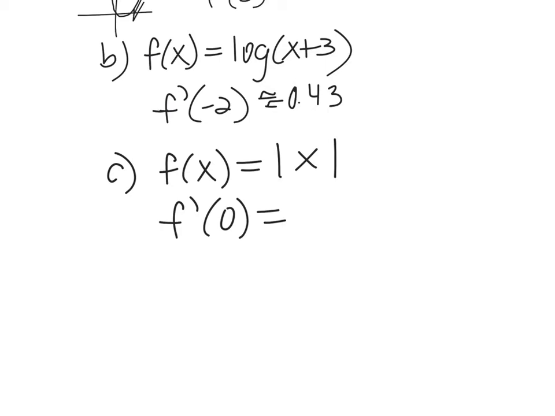No. This has no derivative at 0. It's undefined, okay? But your calculator thinks it does have a derivative there. Go math, absolute value of x at 0, and it tells you it's 0.